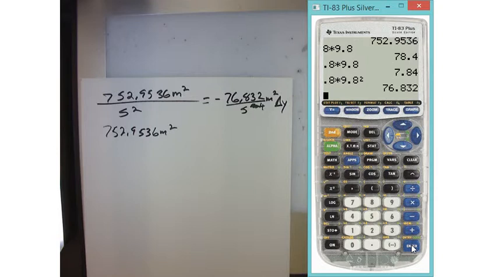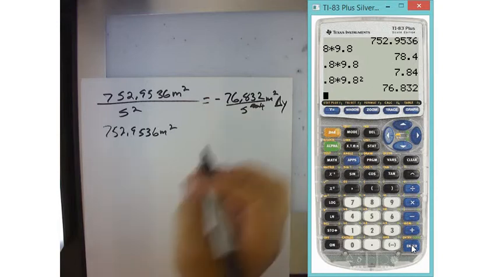What's bugging me is that my units are not matching up. Oh, do you know why? I know why. Because the equation that I used, we had velocity squared and then acceleration. I don't know, let's finish it and see what it gets.